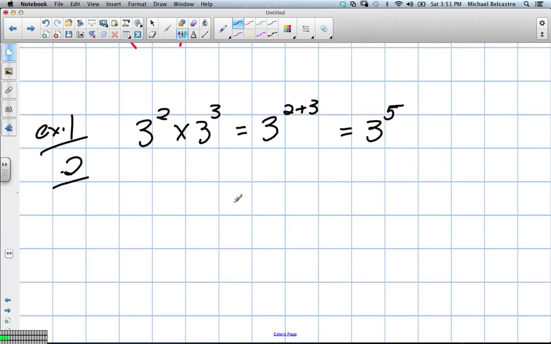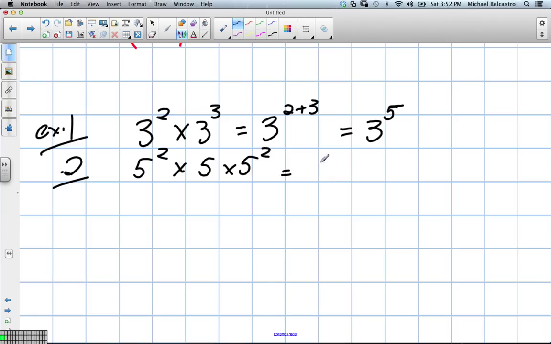Example 2. I'm going to give us a tougher one. 5 to the power of 2 times 5 times 5 to the power of 2. How can I simplify this? Since there are two numbers which are exponents and the base is the same, what you could do is simply work from the outside in.